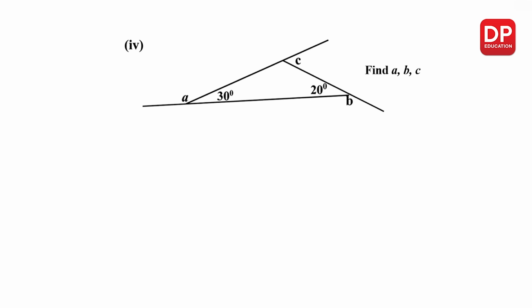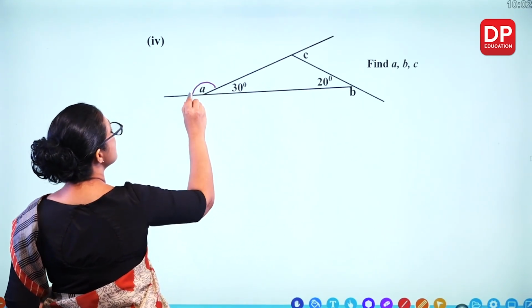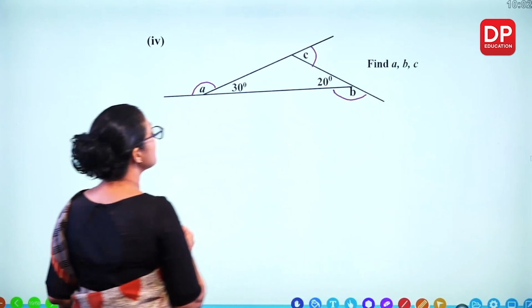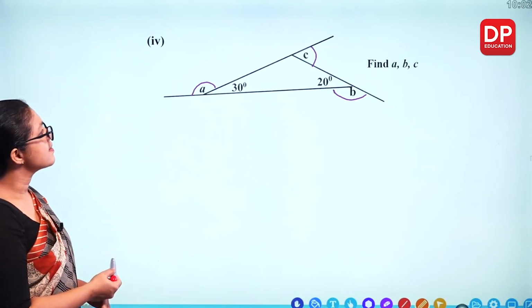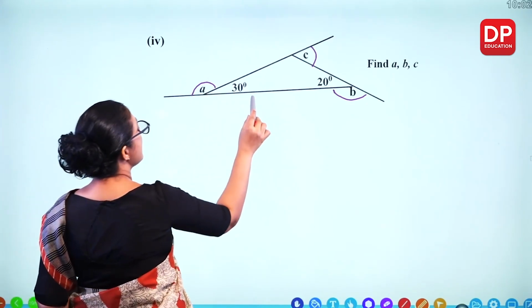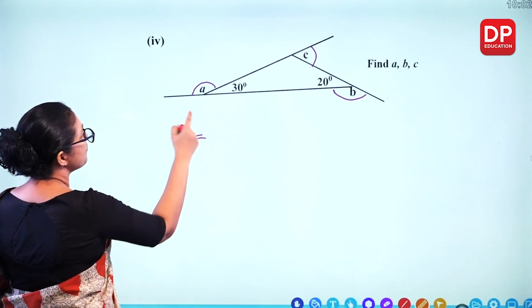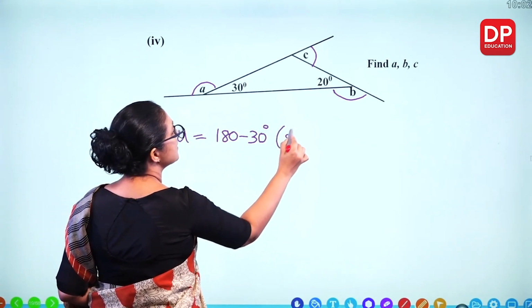Now look at this one. When you extend this way, you get this exterior angle. Here, this one and this one. These three, A plus B plus C, 360. But we know this is a straight angle. So you can find A equals 180 minus 30 because that's a straight angle.